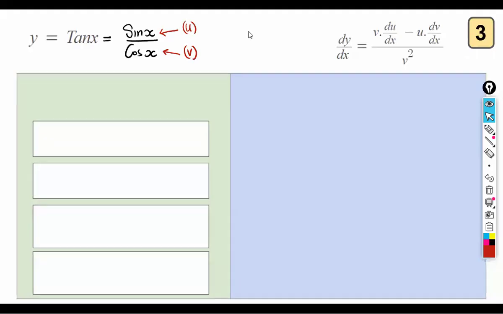Remember, in the quotient rule, because you divided one group of x by another group of x, we always call the top part U. U is sine x, and the underneath V is cosine x. When you differentiate U, we know we get du dx.